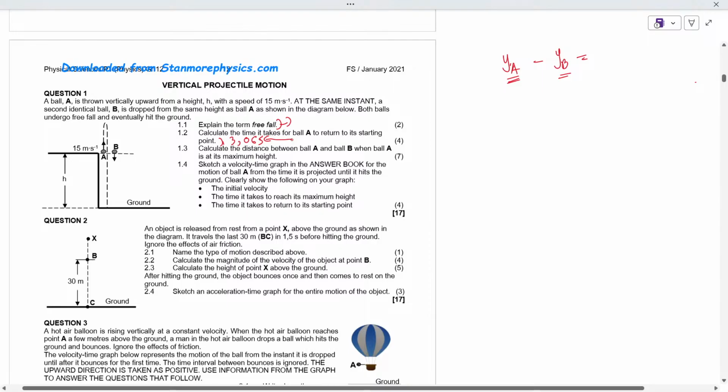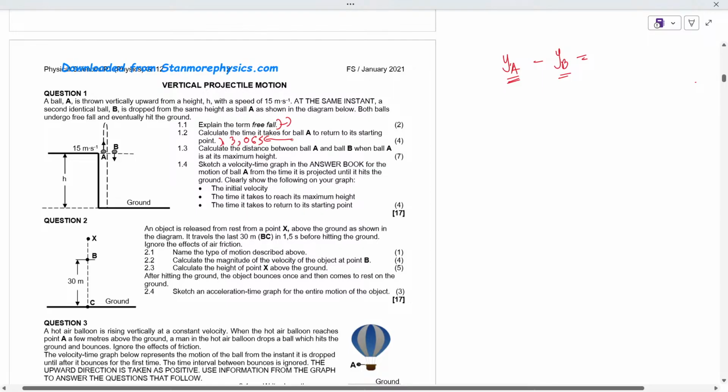I don't think that they are much related, because 1.3 is talking about when A reaches maximum height, whereas 1.2 is talking about something different. Okay, it's a little different story, but it's not completely different. Let's say, what do you know about the distance of going to the maximum height and coming back to the same distance?